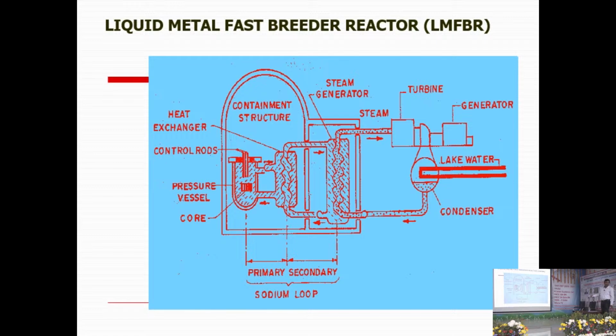Here a heat exchanger generates steam, which runs the turbine, and then the water continues like this. Because we are using liquid sodium, we have to use one more heat exchanger, primary coolant and secondary coolant. Only in the secondary coolant do we generate the steam. But in the case of PWRs, only the primary heat transport is sufficient. When using liquid sodium, we have to use two types of heat transfer circuits.